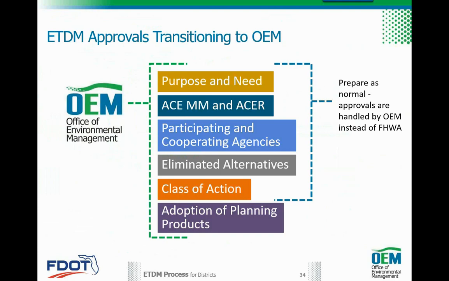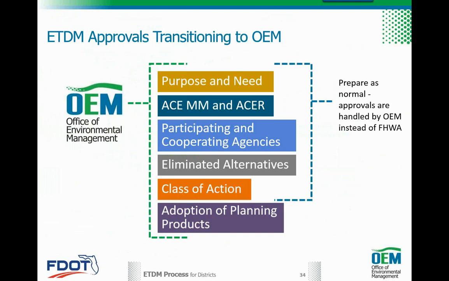The last one you see on the bottom is we have to have a formal adoption of planning products. We talk about that linkage of planning to environment, and in order to pull forward some planning decisions and planning products and have them accessible so that we don't have to revisit those analyses, we can take those decisions and those efforts and support our environmental work in the development of the NEPA study.